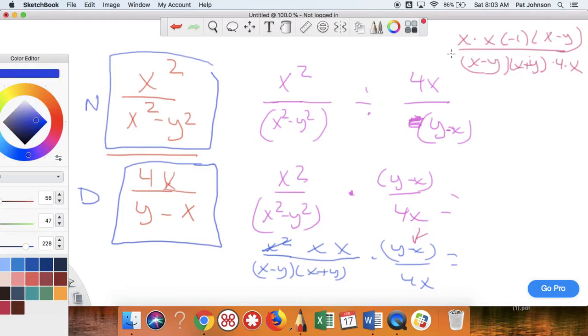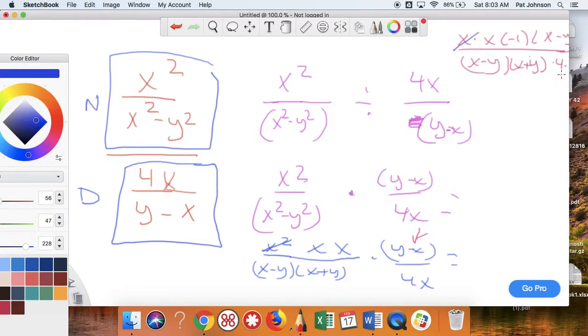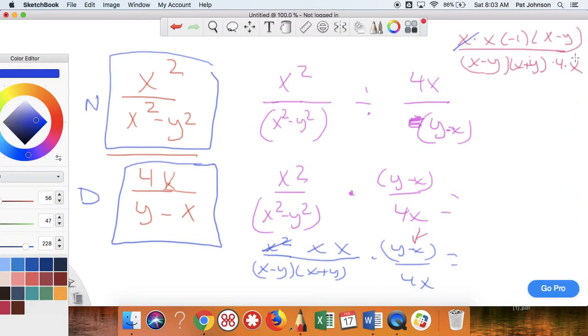So now I'm going to go and this cancels and this and this cancels and this cancels and this cancels, and I'm left with negative x all over 4 times x plus y. And you can leave your answer in this format. All right, do problems 1, 3, and 5, and we'll see you in class.